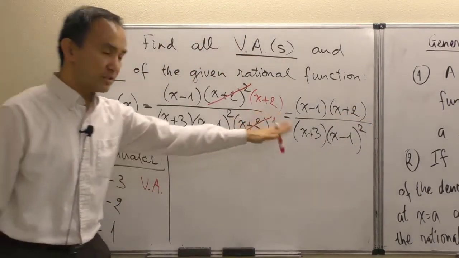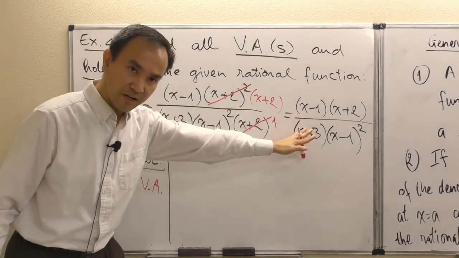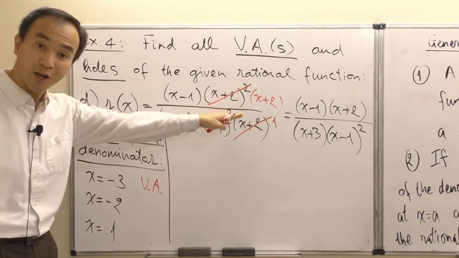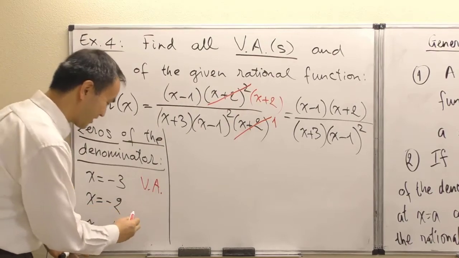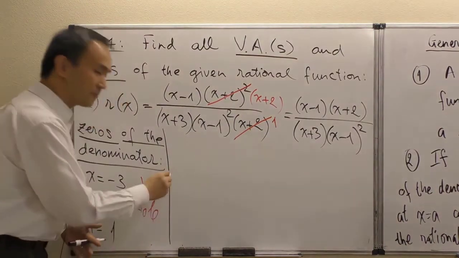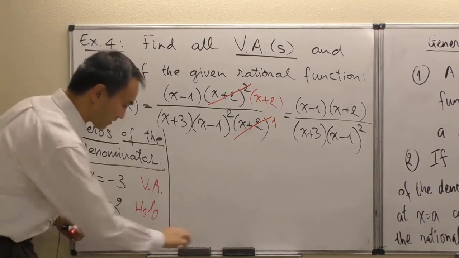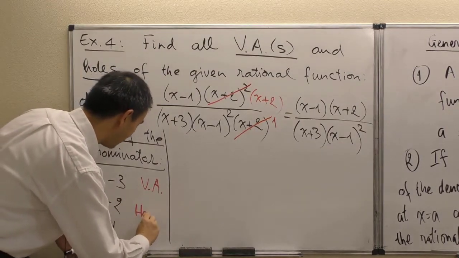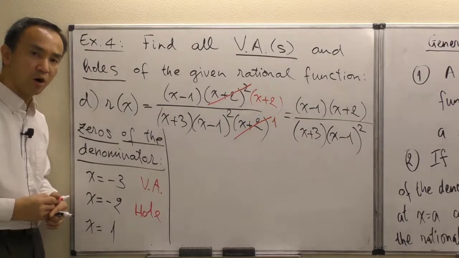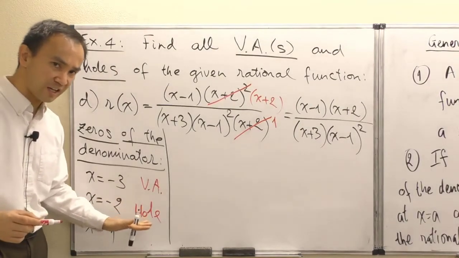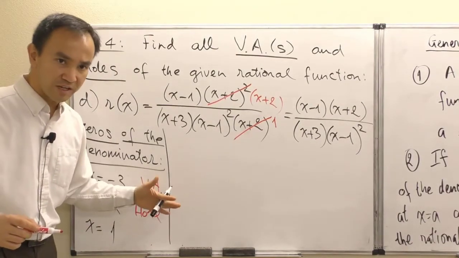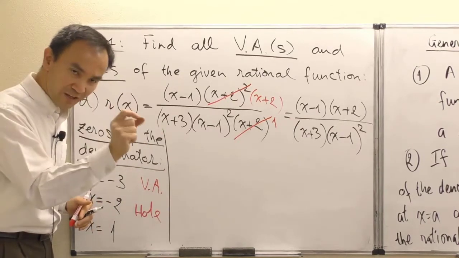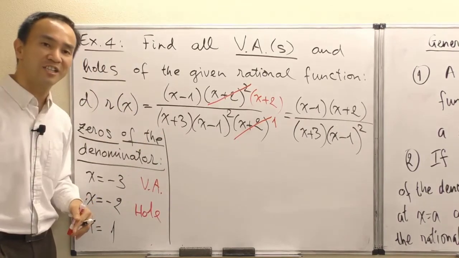Okay, but at least that factor in the denominator is now canceled, because we said earlier we can cancel that when we still saw it. All right, so now this is a hole. This is a hole. Okay. This has to be a hole, and once we have decided that it's a hole, it won't be a VA. Okay, so either a hole or a VA only happens at zeros of our denominator.